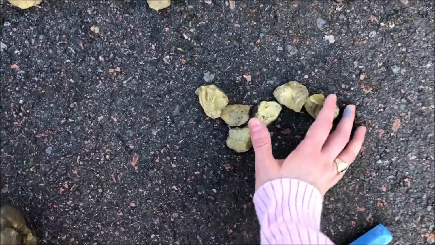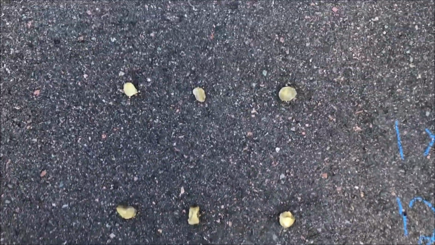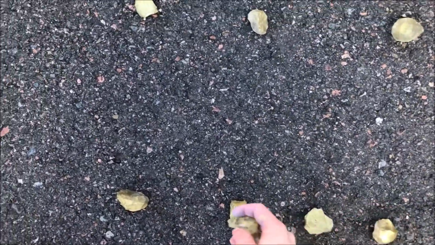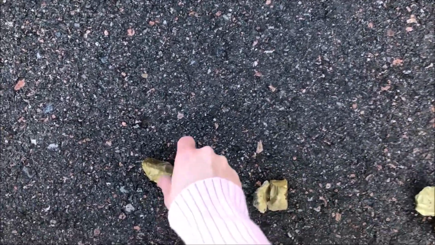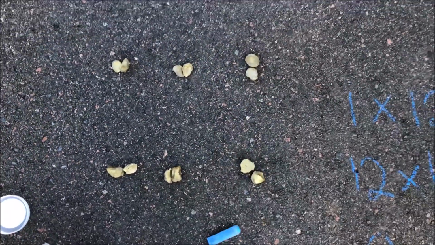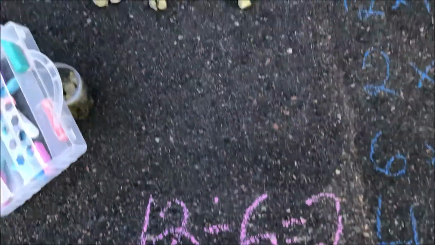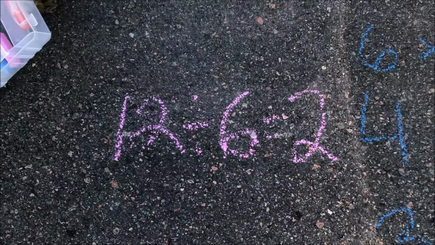Now I have my leftover rocks, and we're going to distribute them evenly. So, one there, one there. I have 6 groups of 2, which proves that 12 divided into 6 groups equals 2.